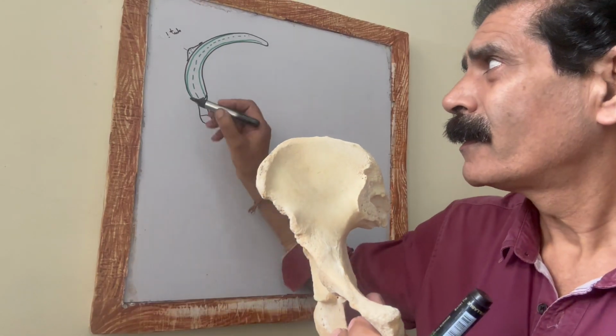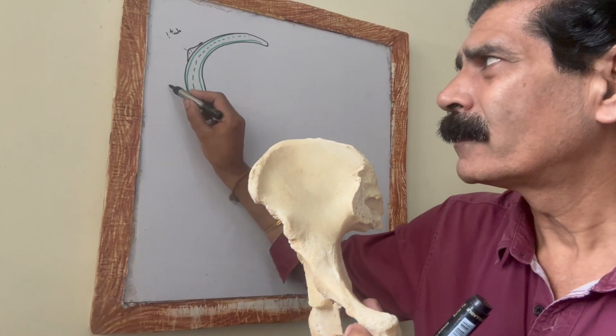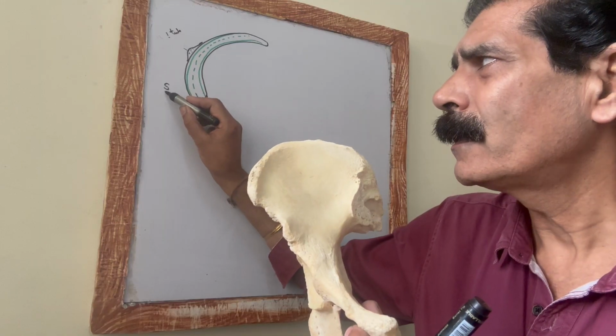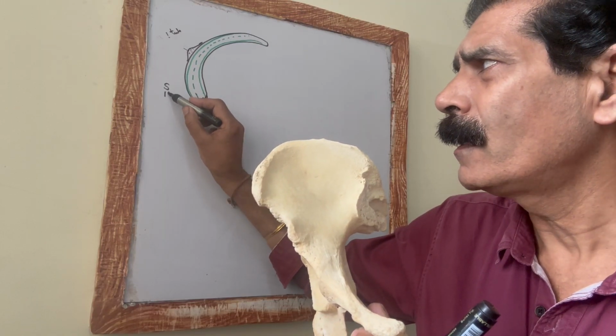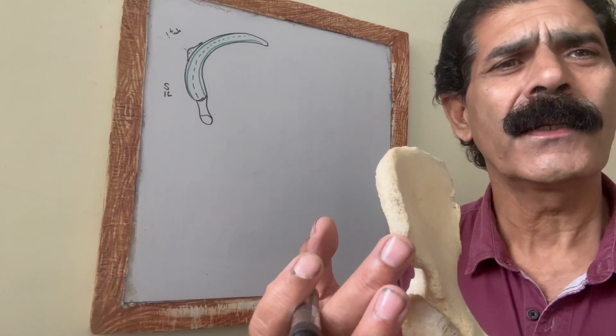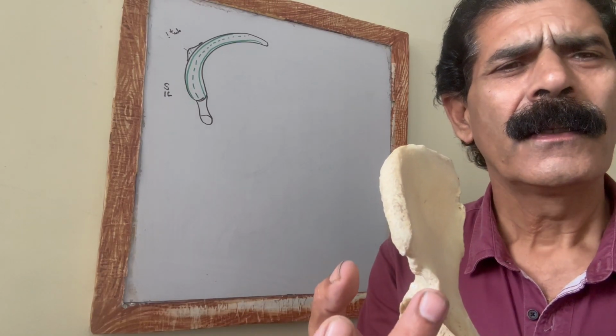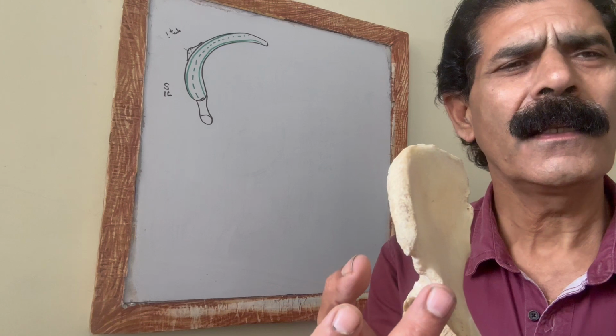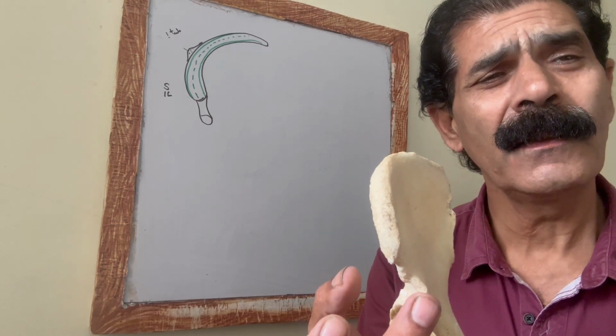But which ligament? To the anterior superior iliac spine, sartorius and inguinal ligament are attached, and below this is the anterior inferior iliac spine. Again, one muscle, one ligament.